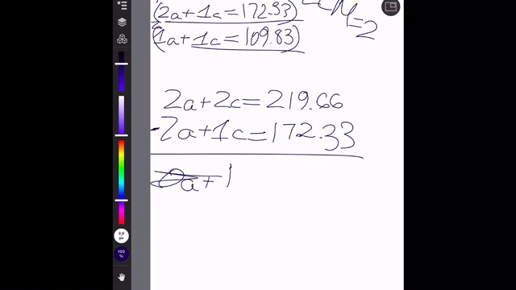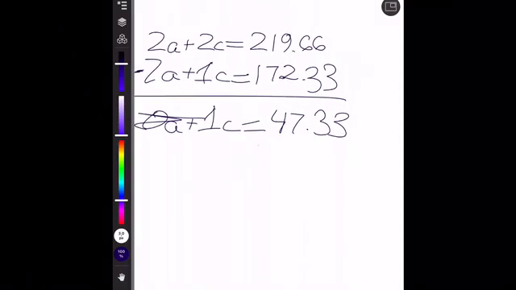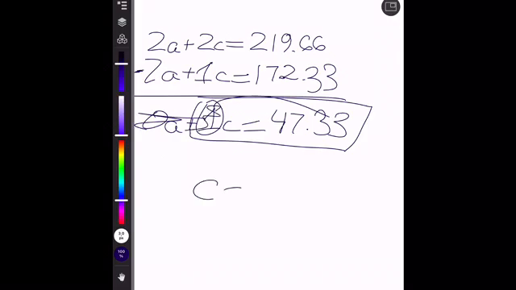And then this would be 1c equals 47.33. Okay, so that means that since this is 1, basically we don't have to do anything, we don't have to move it over here. So that means C equals 47.33.